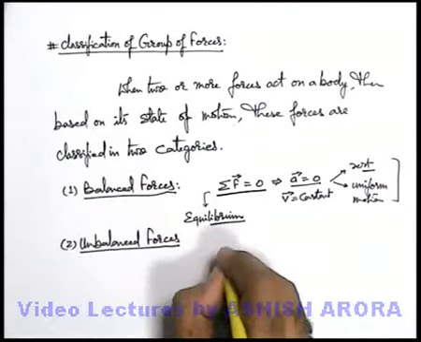In sequence, let us talk something about static equilibrium. It says when under the action of two or more forces, a body is at rest, then it is said to be in static equilibrium.